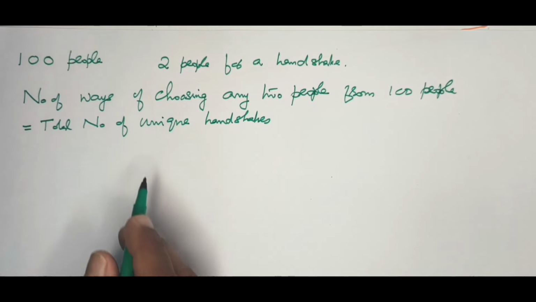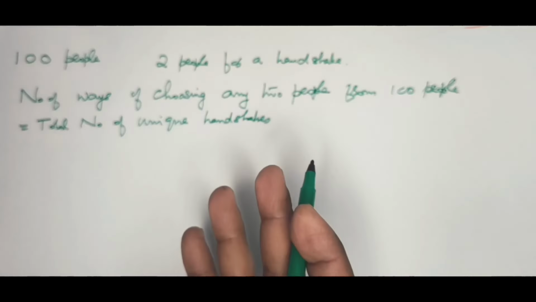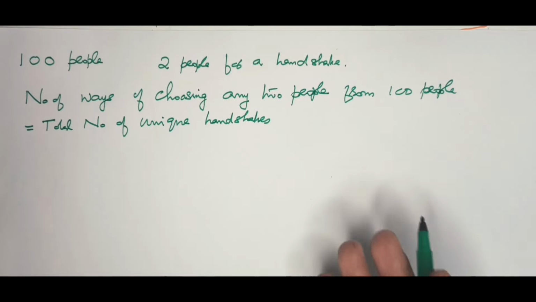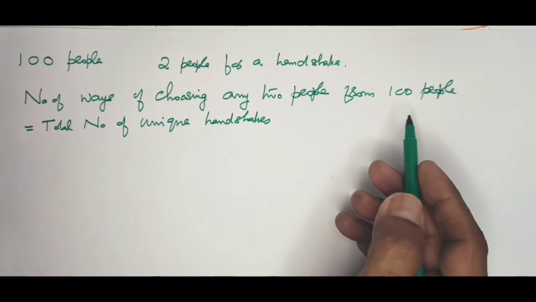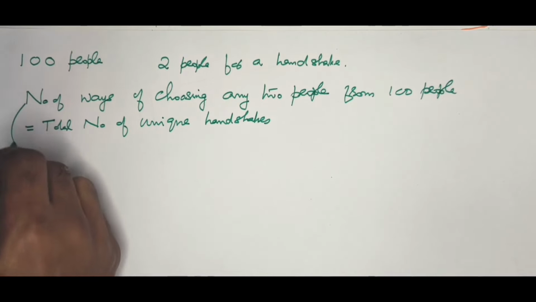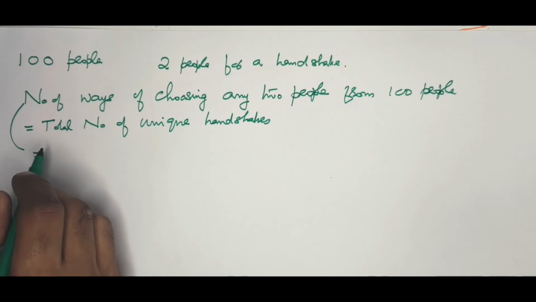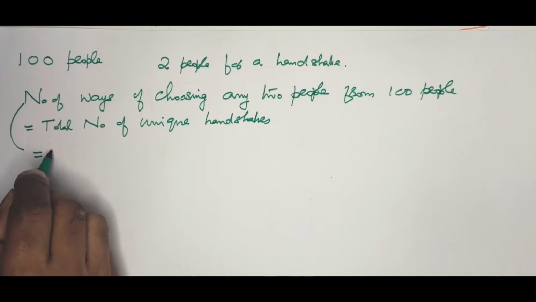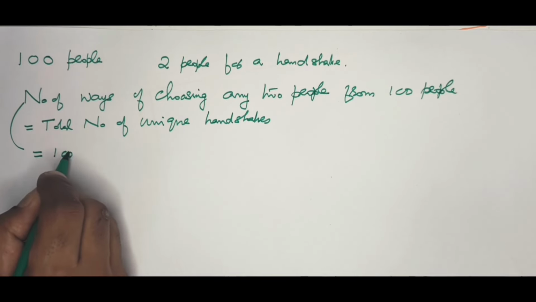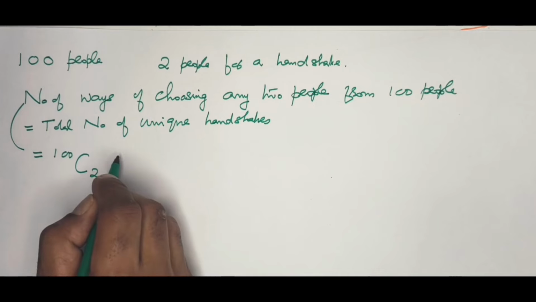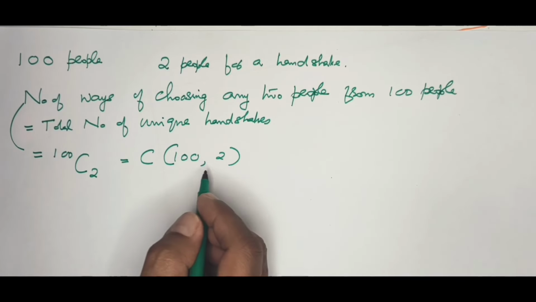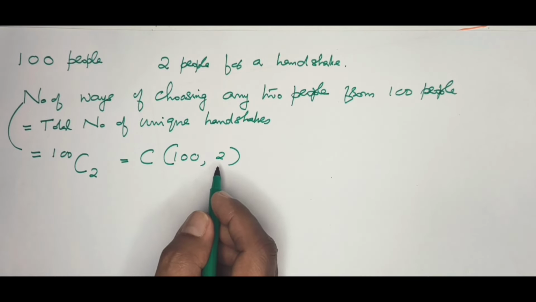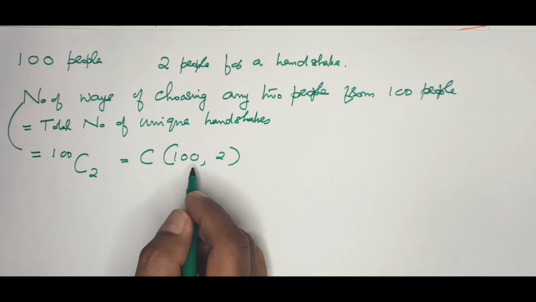So there are totally 100 people. We need 2 people for a unique handshake, and the total number of handshakes that you can have will be equal to the number of ways of choosing any 2 people from 100 people. And this you can do in how many ways? We generally denote this by 100 C 2, or in some countries they denote it like this: C 100, 2. The meaning is the number of choices or selections of 2 people out of 100 people.